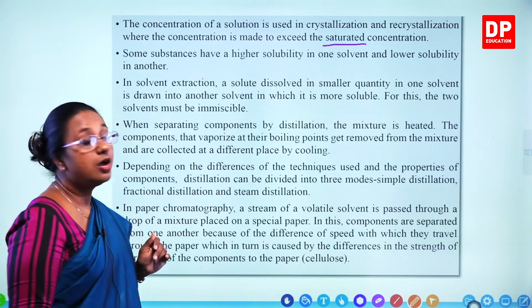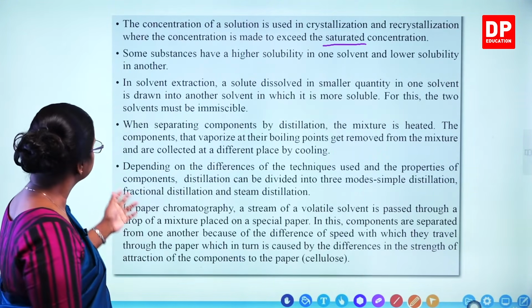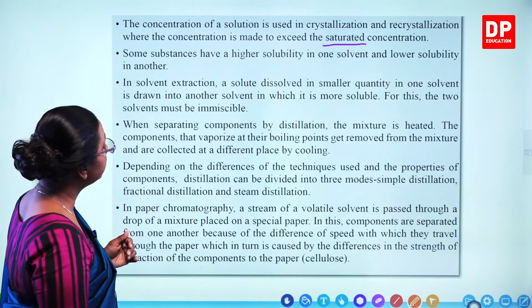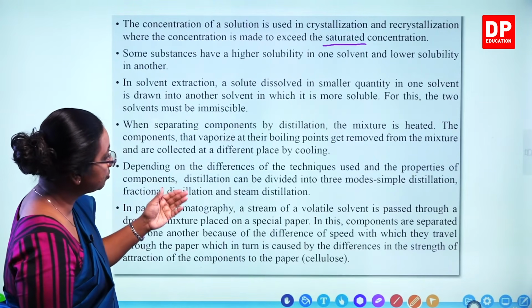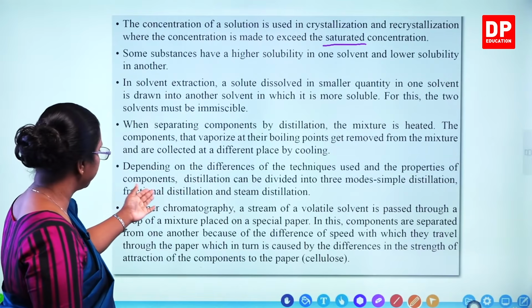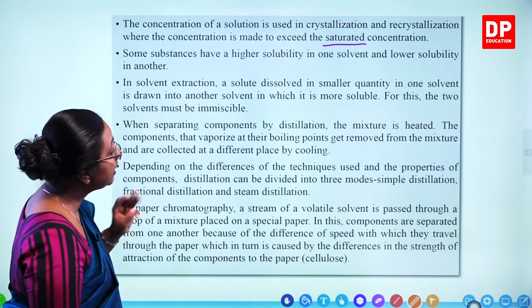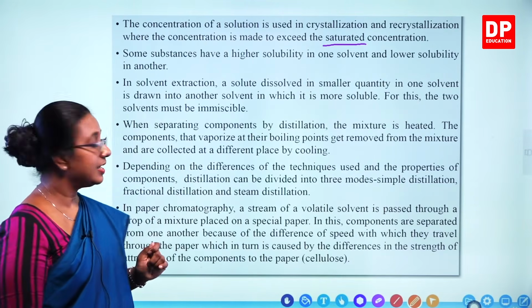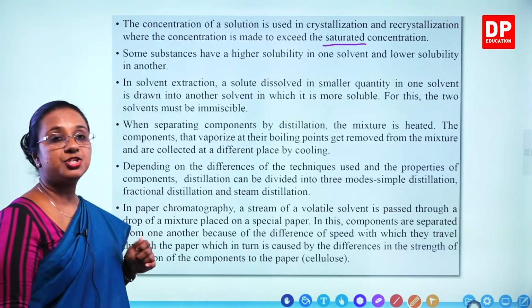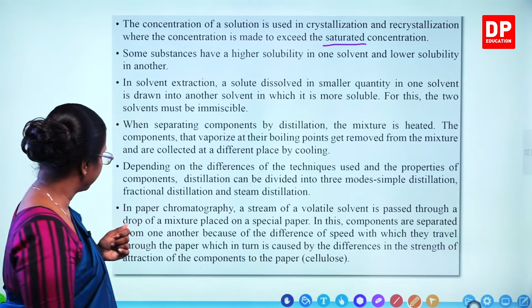Condenser is used to cool the vapor. Depending on the differences of the techniques used and the properties of components, distillation can be divided into three modes: simple distillation, fractional distillation, and steam distillation.